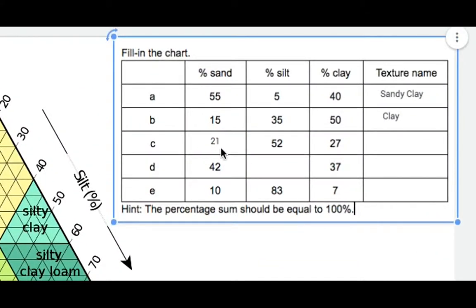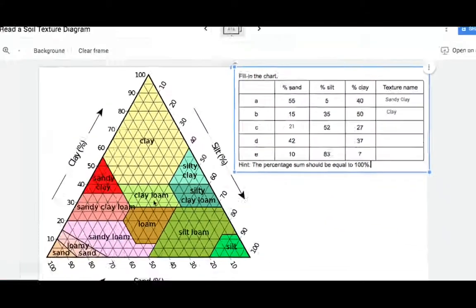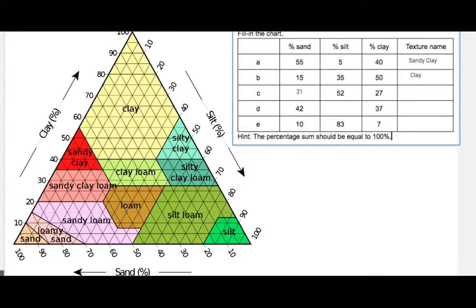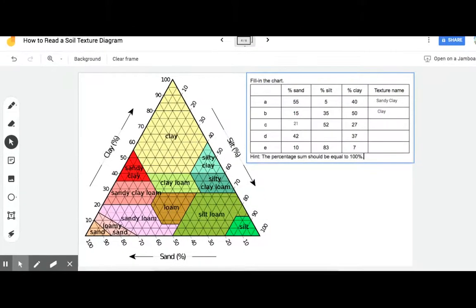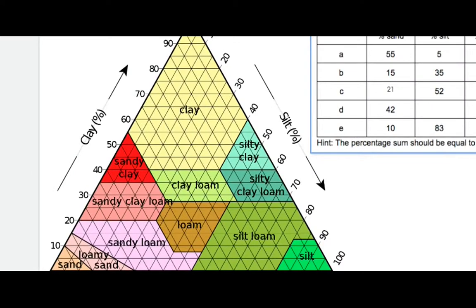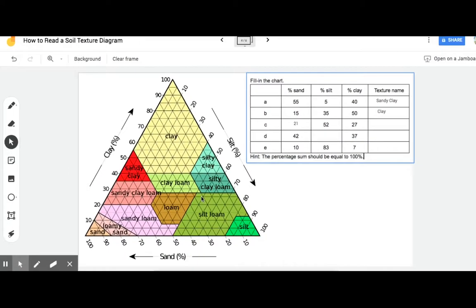And we are going to locate that. 52% silt, so 50 approximately here. And then you have 27% clay. So we have 52% and then 27 and then 21. So approximately here. So the name of the texture is silt loam.